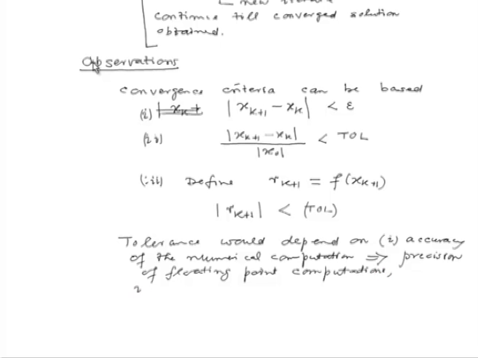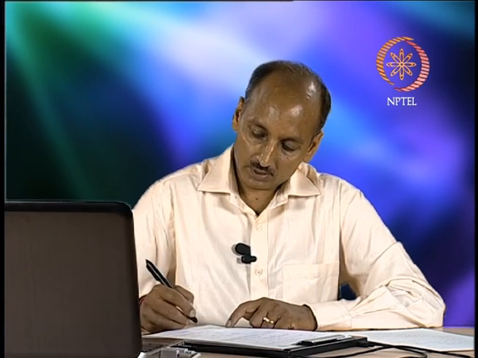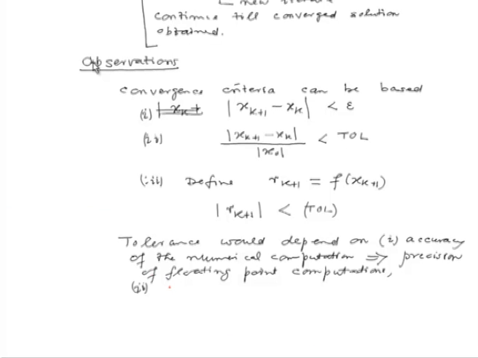And the second one would be more of practical nature, that how close we want our converged solution to be to our exact solution. So, required closeness of x k plus 1 to exact solution.